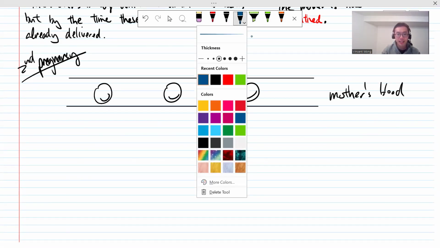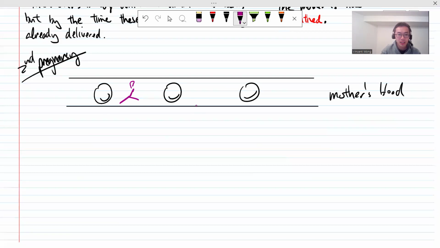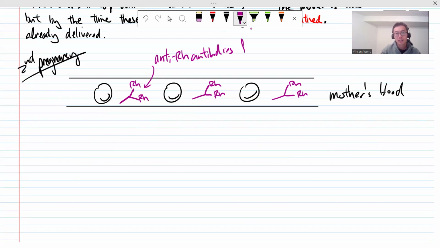Anti-Rh antibody. Exactly right. She was sensitized previously, and she now has anti-Rh antibodies. It wasn't there before. You only make them after you get exposed. So these are anti-Rh antibodies from the previous pregnancy, and they're going to be there for life.